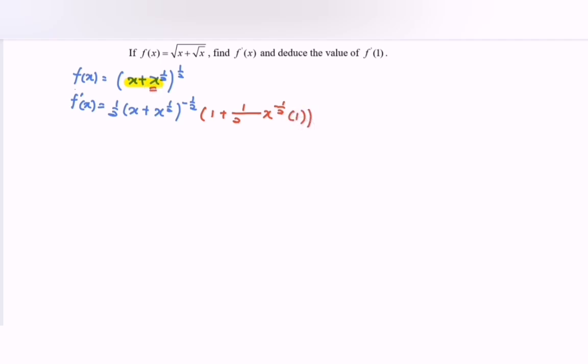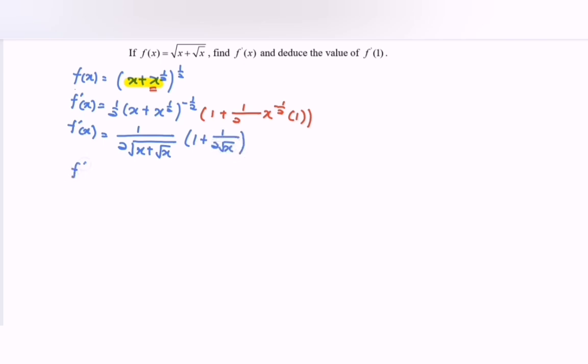So rewrite the situation. f prime x, where we have 1 over 2 square root of (x plus square root of x), bracket, plus 1 over 2 square root of x.